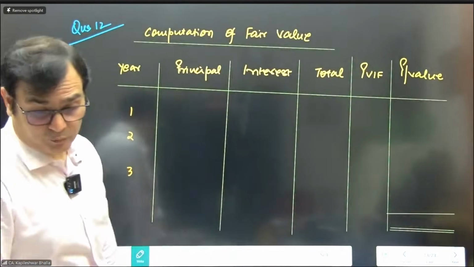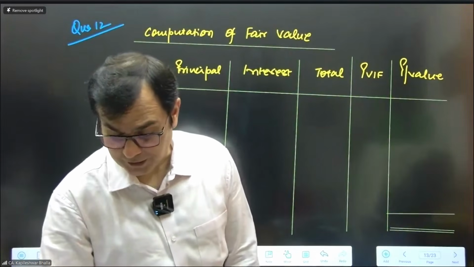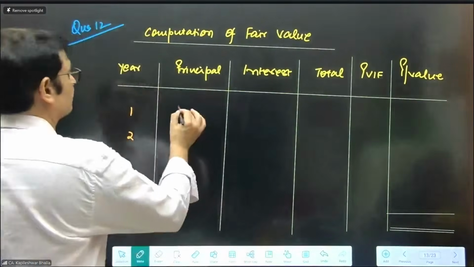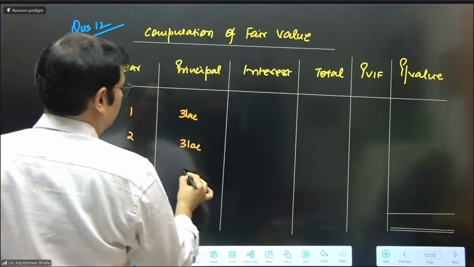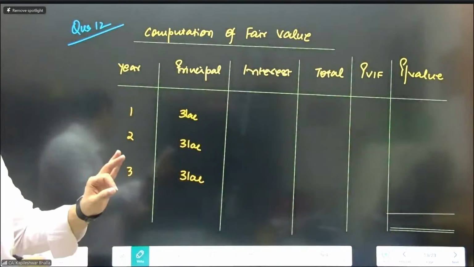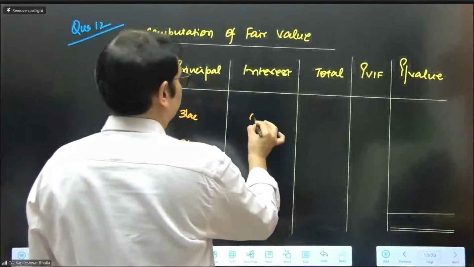Now this loan, which is to the extent of 9 lakhs, we're already given a chart in the question. So I'm just copying the data as it is. 3 lakhs, 3 lakhs, and 3 lakhs. This is the repayment schedule already defined. And the interest is, I guess, 63.